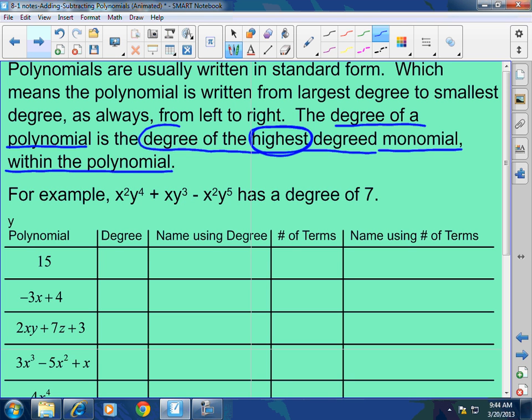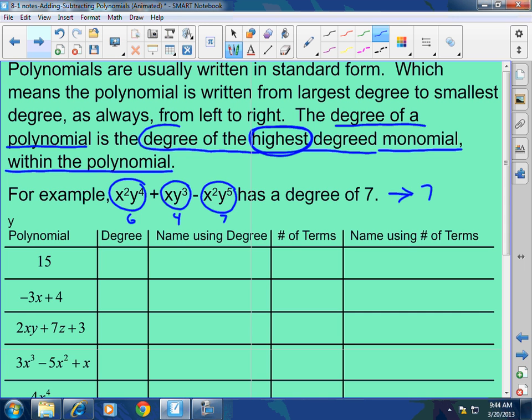For example, I've got x squared y fourth plus xy cubed minus x squared y to the fifth. Guys, what's the degree of this monomial here? What's the degree of this monomial here? What's the degree of this monomial here? What is the degree of the polynomial?